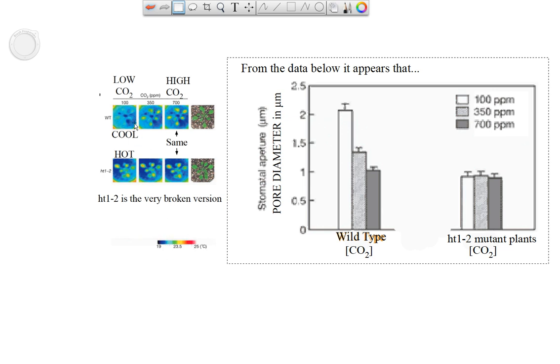And cool plants are cool, these people postulate, because their stomata are wide open and evaporative cooling is reducing leaf temperature. So they took thermal pictures of hundreds of thousands of Arabidopsis plants and discovered a plant set in which no cooling occurred even at low carbon dioxide levels.